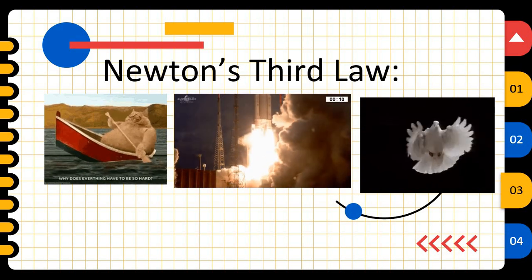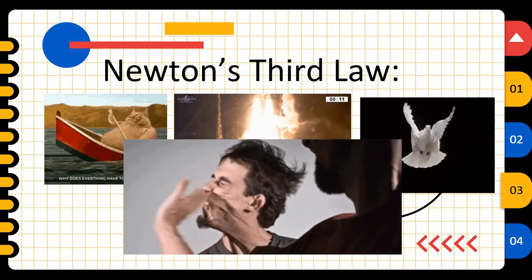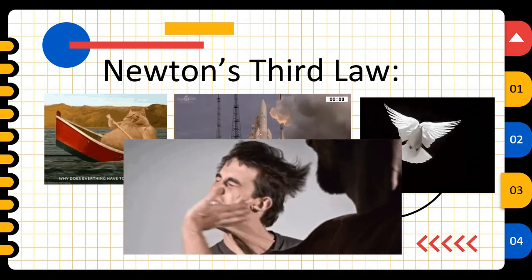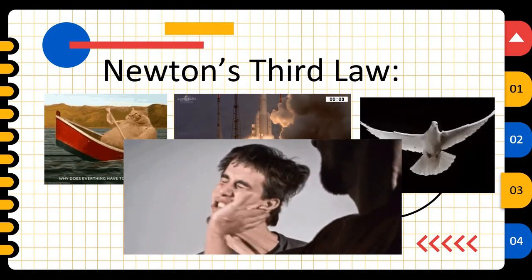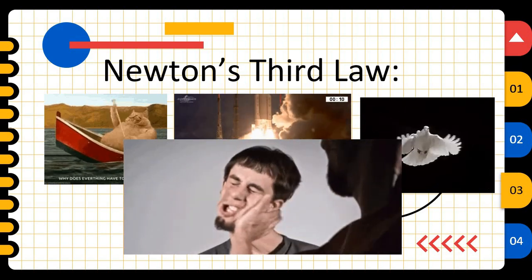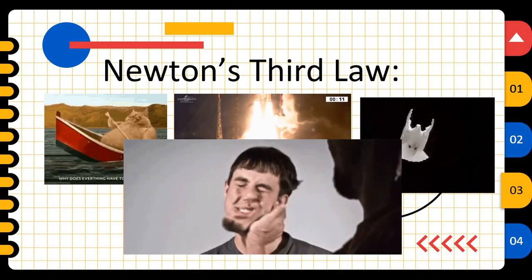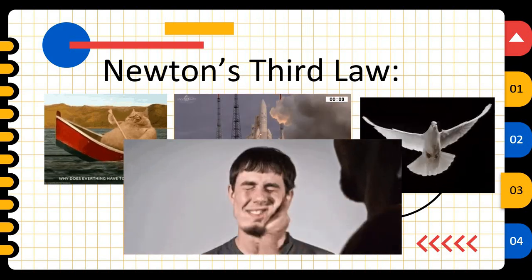And lastly, this one. If a person slaps you in the face with a force of 50 newtons, let's say the applied force is 50 newtons, even if you don't hit back, your face actually does the work. Your face exerted an equal amount of force on the palm of the person.